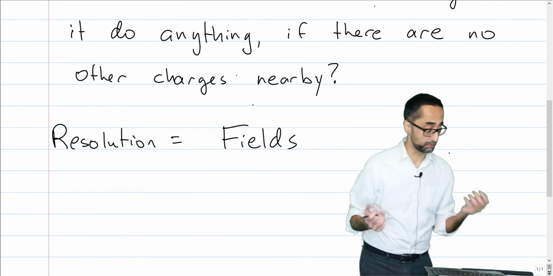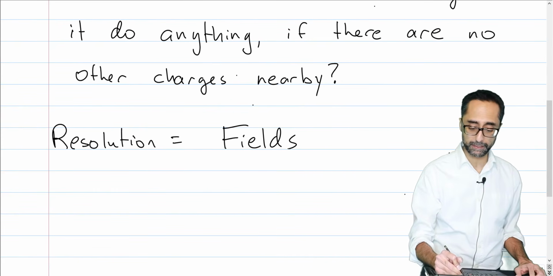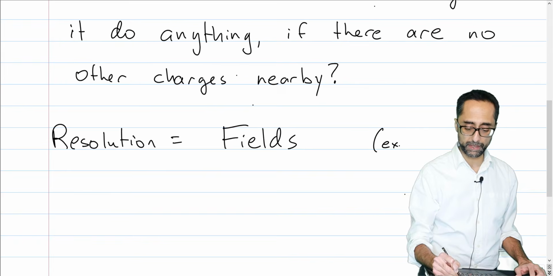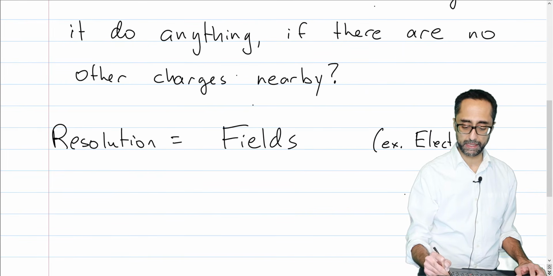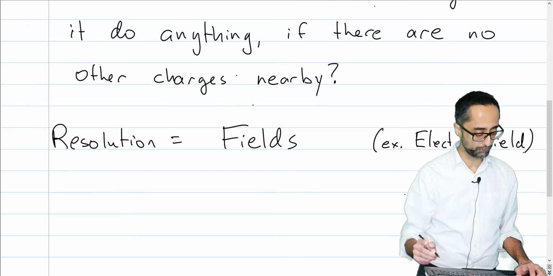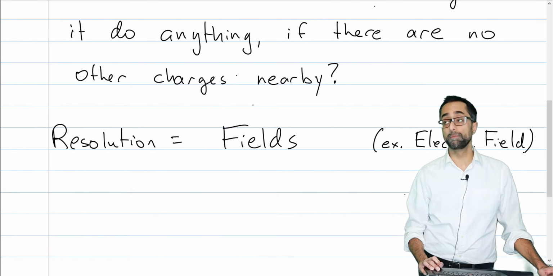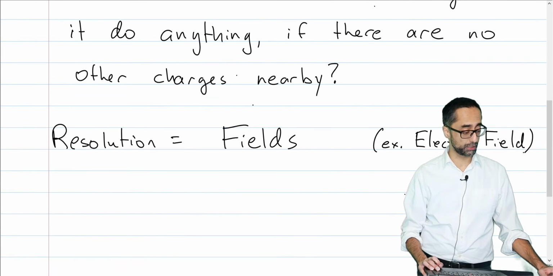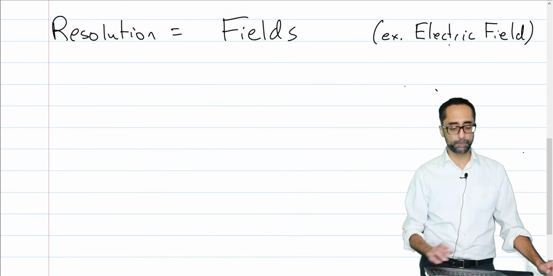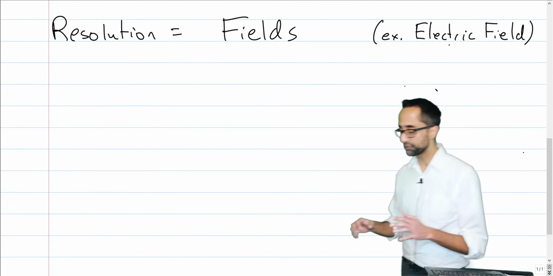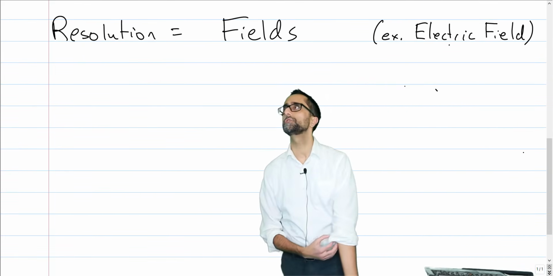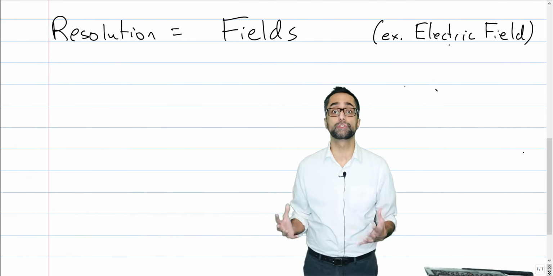And we're going to learn both of them, but specifically what we're talking about to answer this question is the electric field. It's the electric field for us that is going to prove the answer to what surrounds a lone charge.